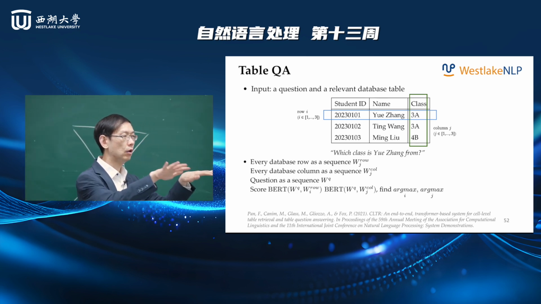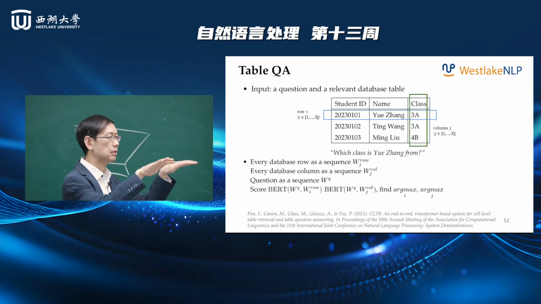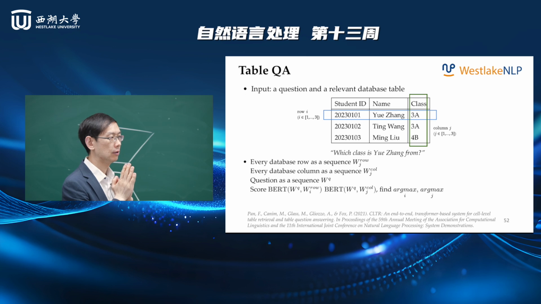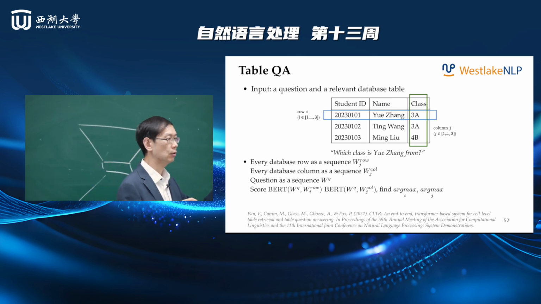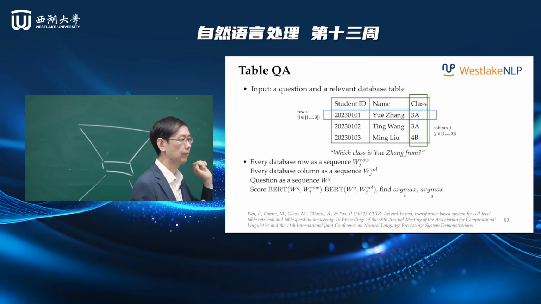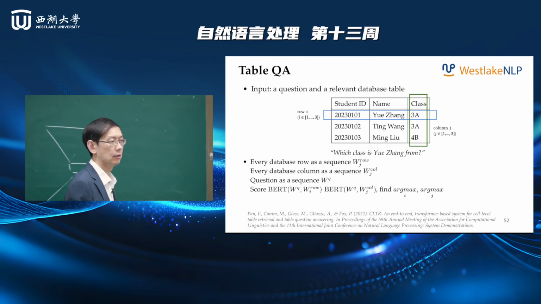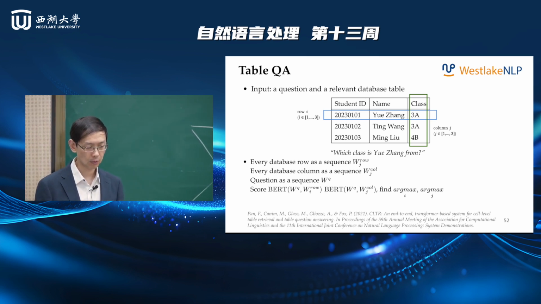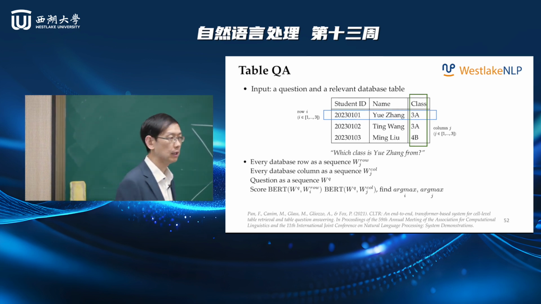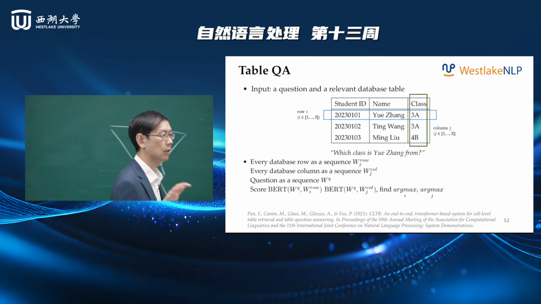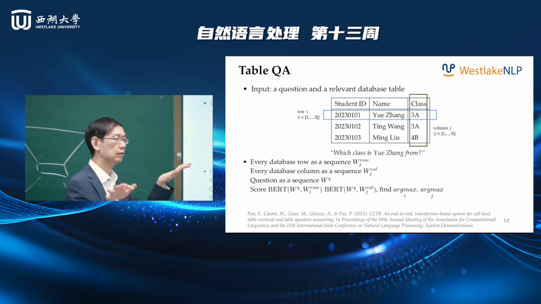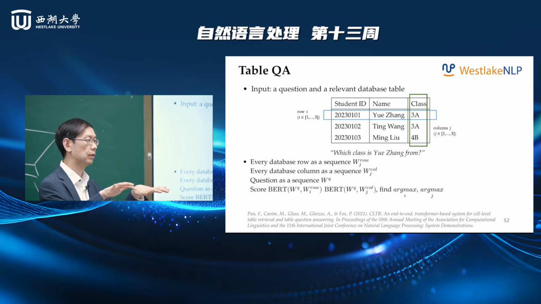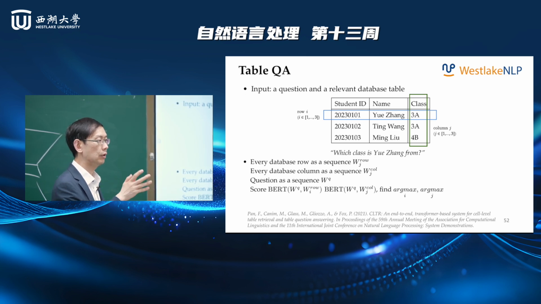Now the question and the row can form a sentence pair. We feed the sentence pair into BERT and use the CLS token hidden state to calculate a score by adding maybe a sigmoid neuron. Similarly, we can feed a column sentence and the question sentence as a sentence pair to BERT and calculate a score.